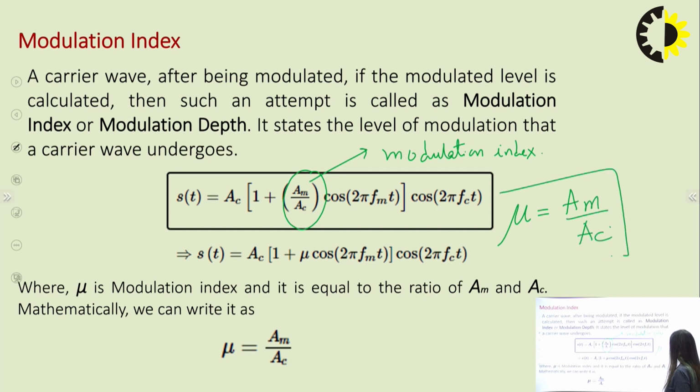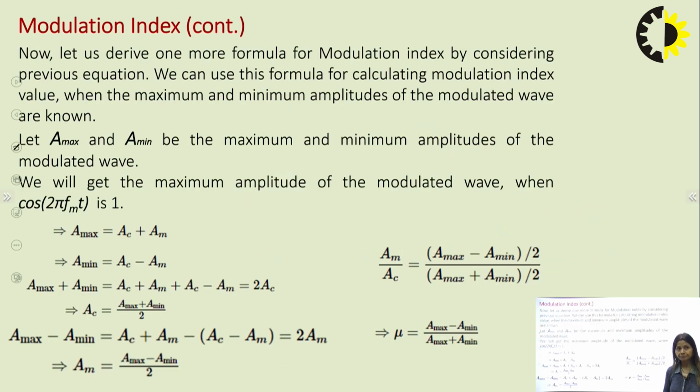You should have no doubt about this. Modulation index is equal to the maximum amplitude of the modulating signal divided by the maximum amplitude of the carrier wave. How this mu plays a very important role we will see in the next slide.